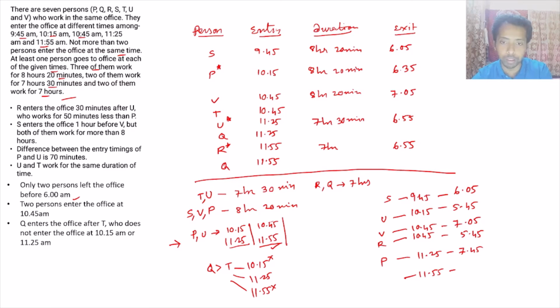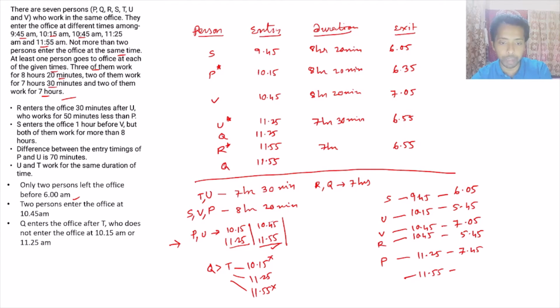Now check with the duration of T and Q. Now T's duration is 7 hours 30. If this is 7 hours 30, that means 10:45 gives 6:15. That will not be the case, 10:45 is not the timing because it crossed 6 a.m. So this is cancelled. T's timing is not 10:45 but less than that.